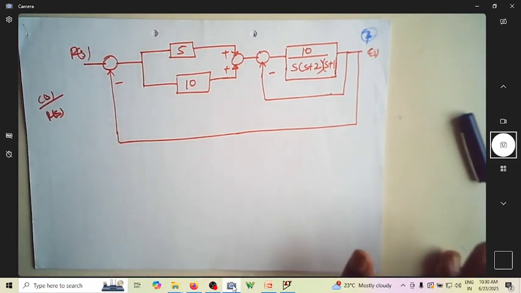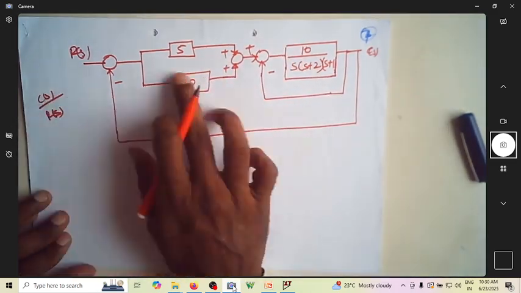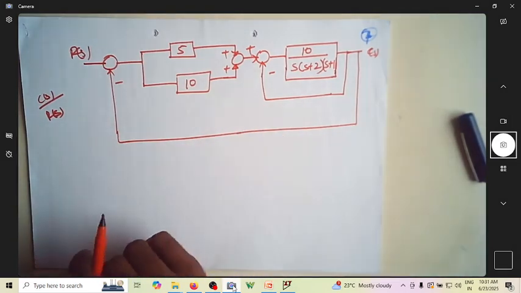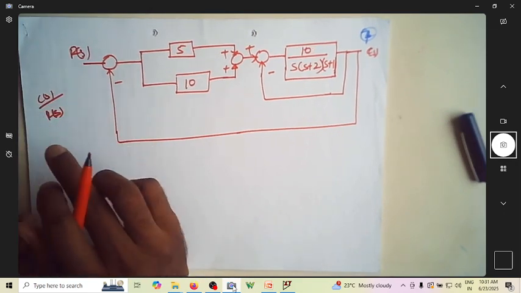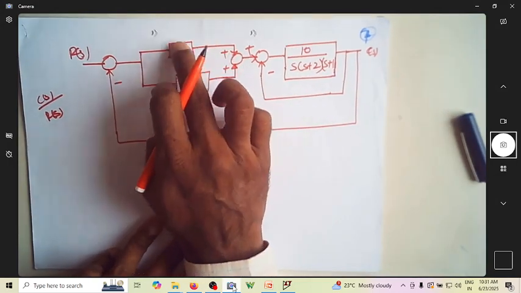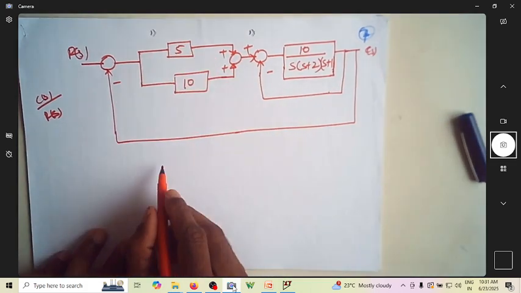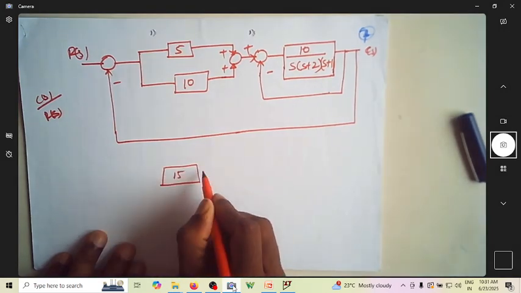If this is the requirement of finding the closed loop transfer function of this system, it is very easy to reduce this. First, reduce this, because these two are coming in parallel. You can simply add these two, which will become 15.